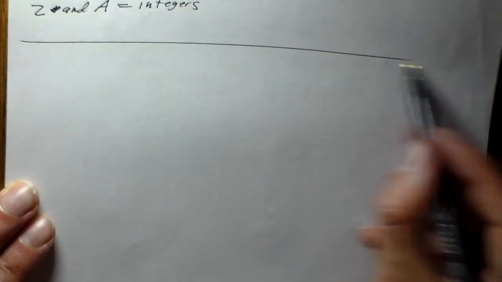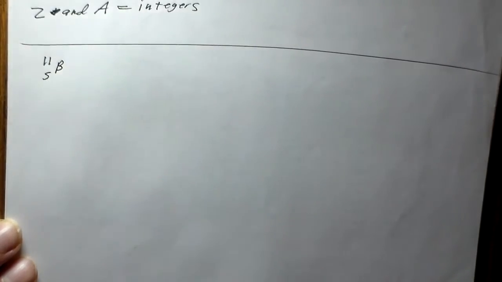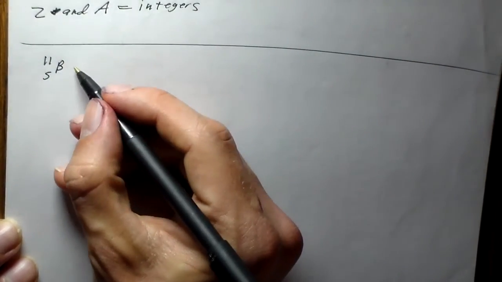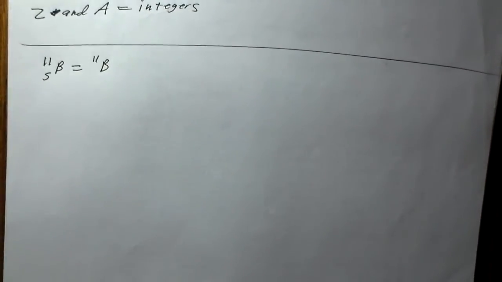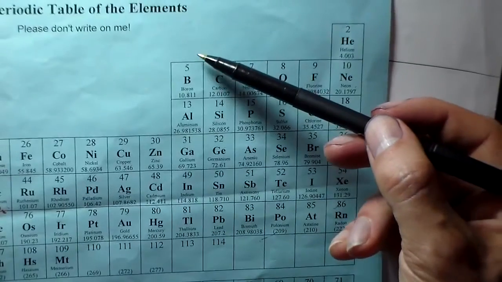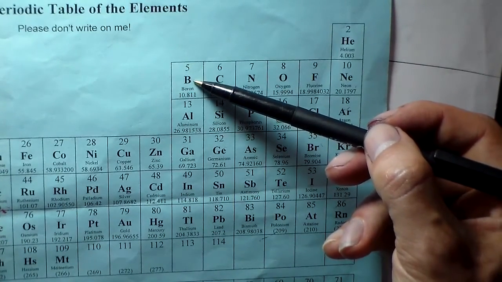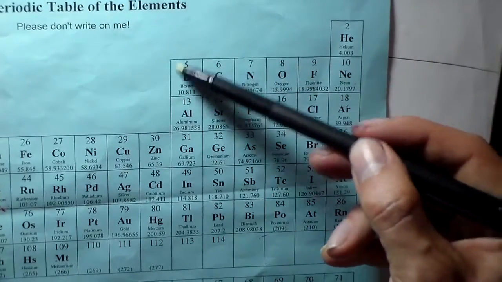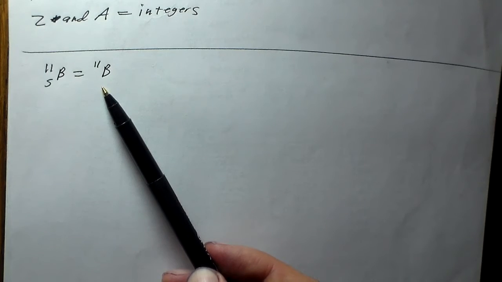All right, so we can do a little example here just to test our knowledge. Let's say I have boron 11, like this. By the way, this could equivalently be written as just 11 boron, because that 5 is redundant. Since boron is always going to have 5 protons, we know that this is always going to be 5, so I don't have to write it down.